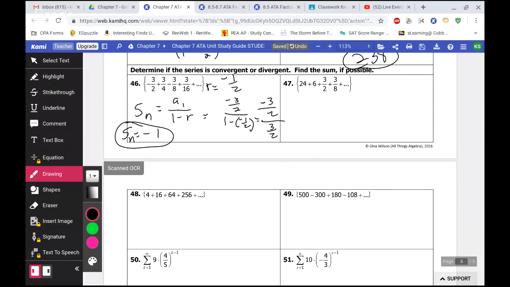Okay. And then this next one, 6 divided by 24 is 1/4. So the sum for this one, you take the value of the first term, which is 24, and you divide it by 1 minus the common ratio. So that's going to be 24 divided by 3/4. Keep, flip, change.